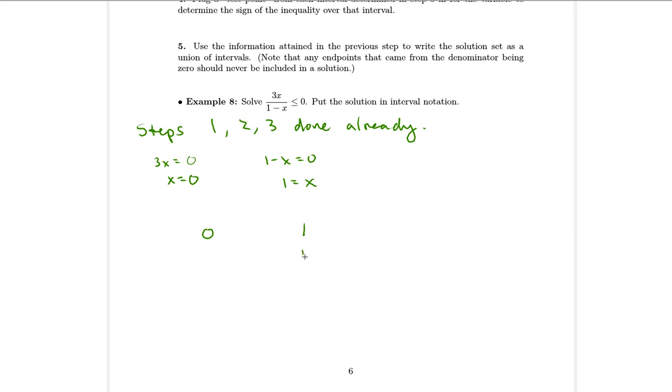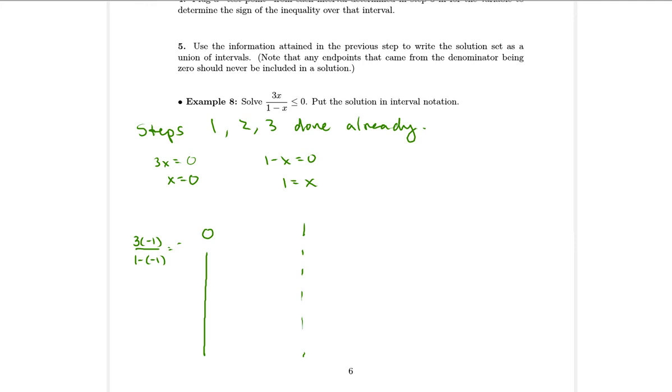So I'm going to put a dashed line on 1. But I am going to put a solid line on 0, because it's okay to have x equals 0. It's not okay to let x be 1, because that causes us to divide by 0. And then from there, just like last time, we're going to plug in test points. So how about negative 1 for this one?